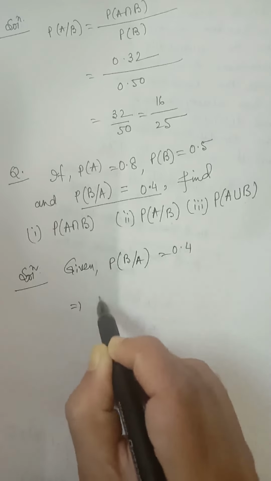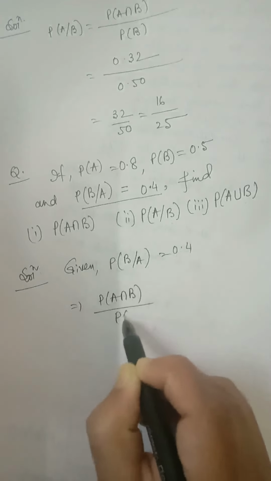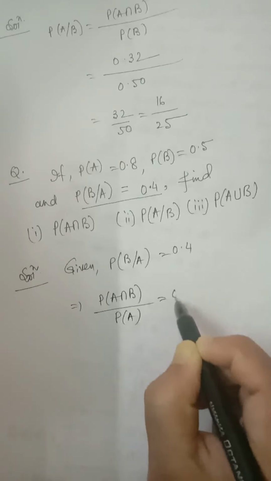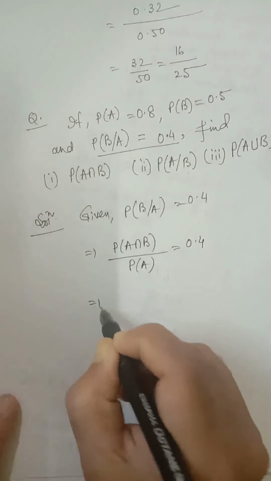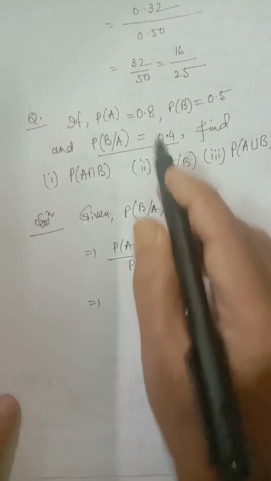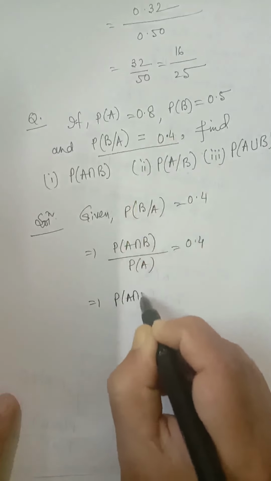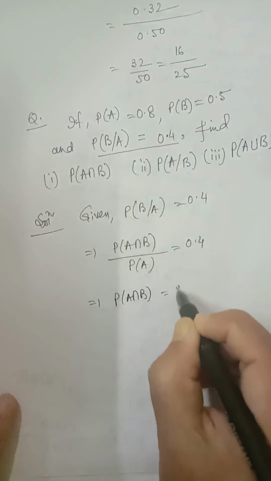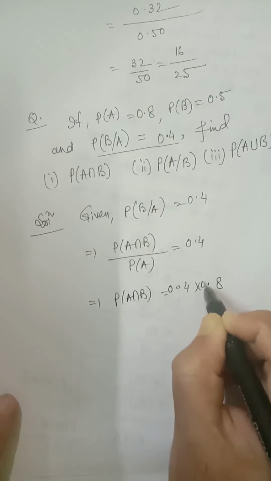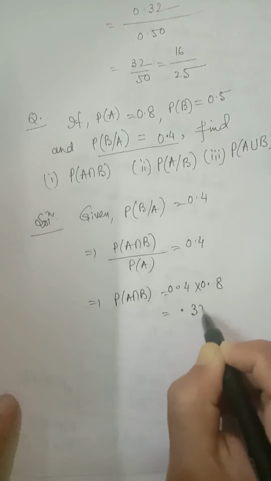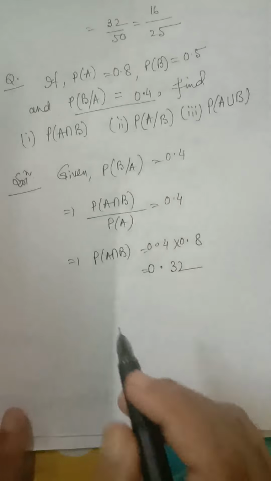For P(B/A), the formula is P(A intersection B) by P(A) is equal to 0.4. Given P(A) equal to 0.8, so P(A intersection B) equal to 0.4 into 0.8. So it is 0.32. P(A intersection B) is 0.32.